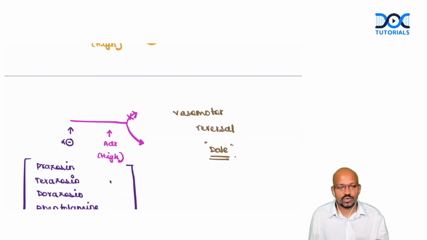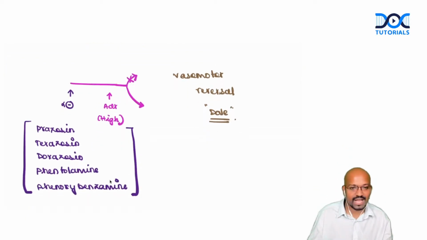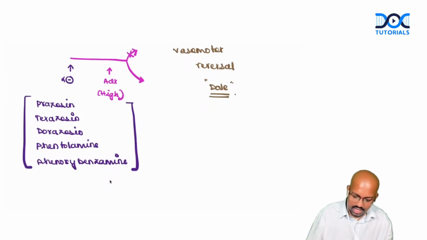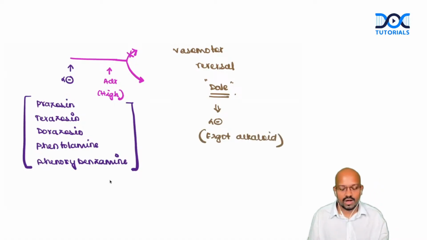But he actually used one another molecule to explain it. See, he was the one who found out that to give a demo to explain this concept of vasomotor reversal, he used an alpha blocker, and that is an ergot alkaloid. He used ergot alkaloid as an alpha blocker. Okay, he didn't use any of these drugs. He used ergot alkaloids because that is behaving as a partial agonist agent.